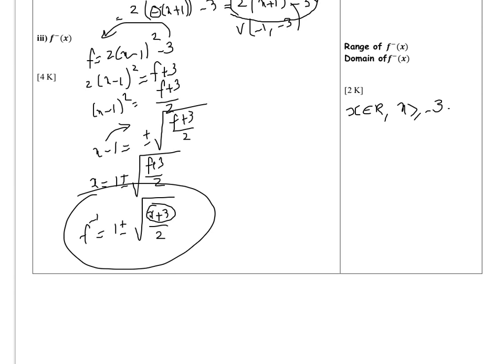But for the range, if you try to plot this one, you are going to get a parabola which is sideways. This means that your range can be any number from -infinity to +infinity. So the range is going to be y in R.